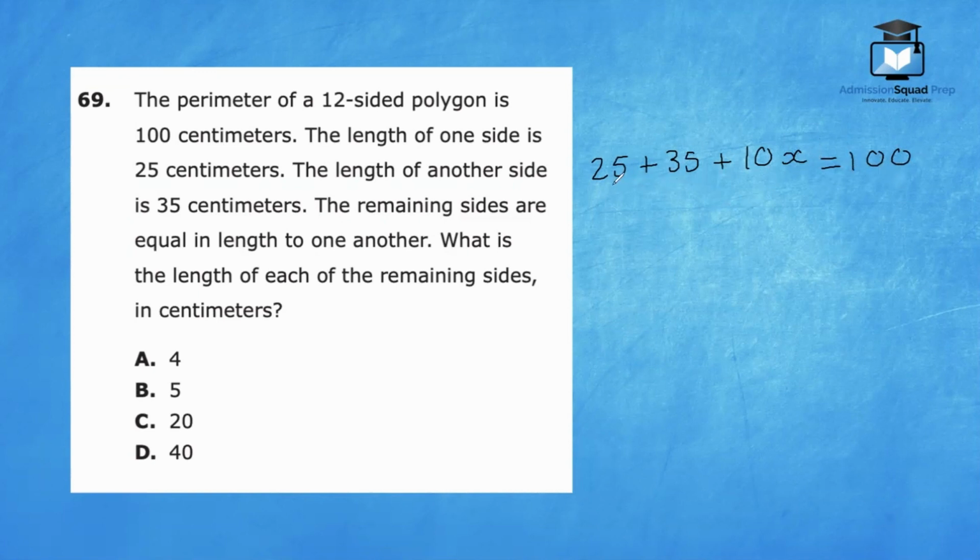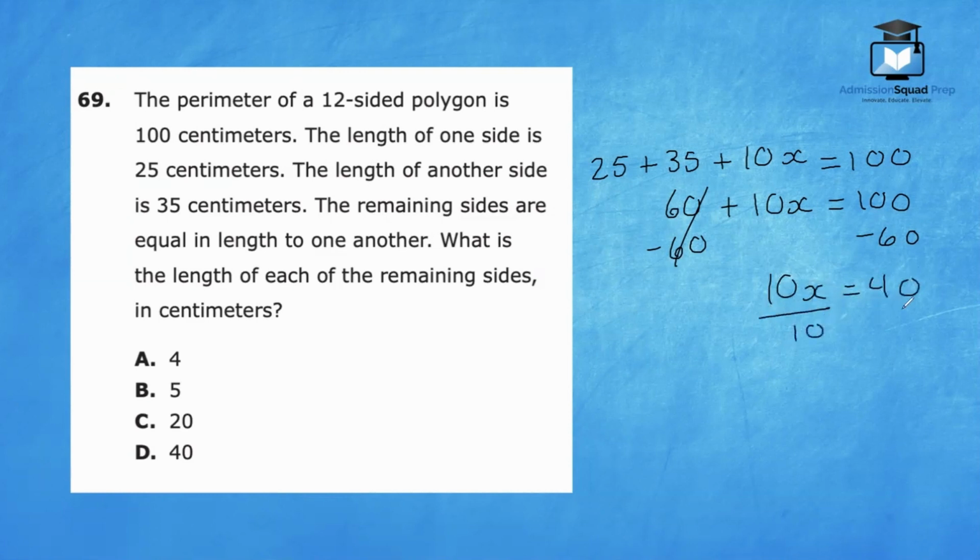Since 35 plus 25 is 60, we have 60 plus 10x equals 100. We will now subtract 60 on both sides. We have 10x equals 40, and finally we can divide by 10 on both sides. So x equals 4. The length of each of the remaining sides is 4 centimeters, therefore A is the correct answer.